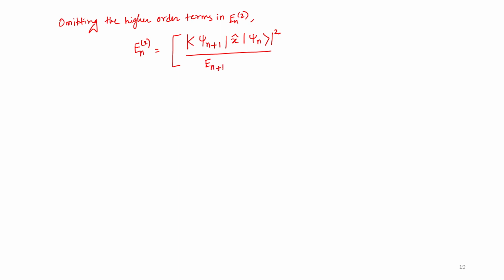Why we are ignoring, because we are finding the first non-zero correction or first non-zero perturbation, right? The second non-zero perturbation one can also find by adding more terms, which I have written.